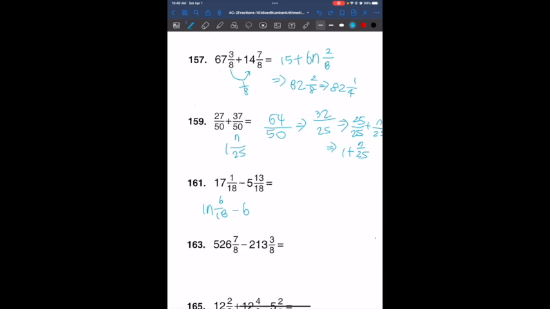And so that is going to give us 11 and 6/18.